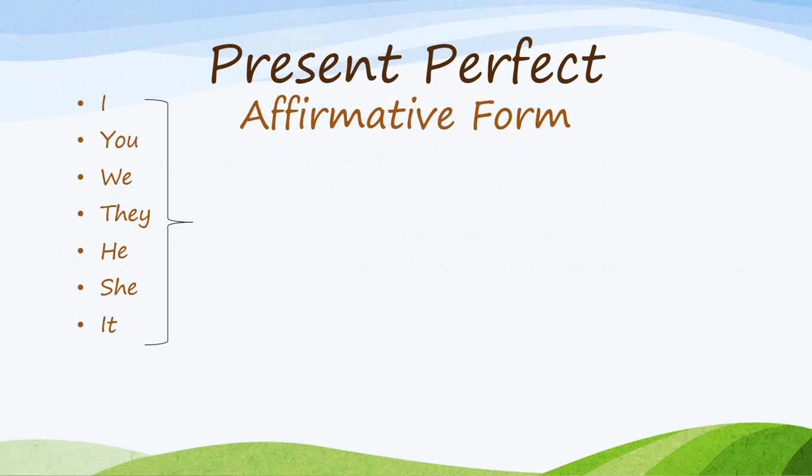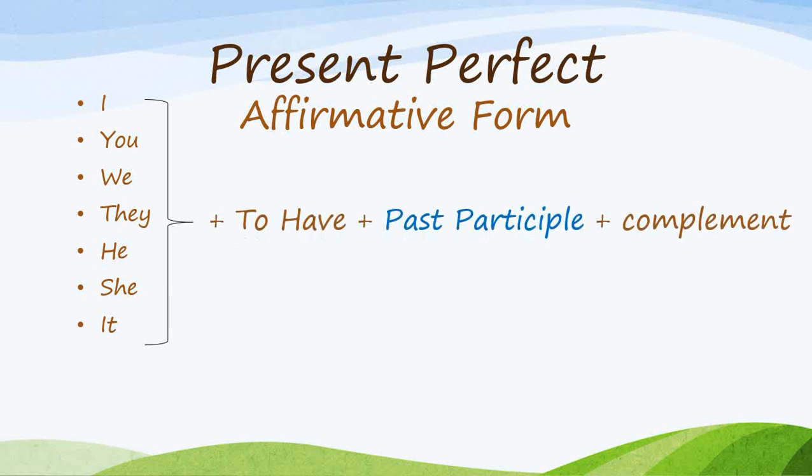Now let's look at the structure of the present perfect tense in affirmative form. The first part that we are going to use is the subject. Then we're going to use the auxiliary verb to have plus the past participle form of the verb plus the complement.